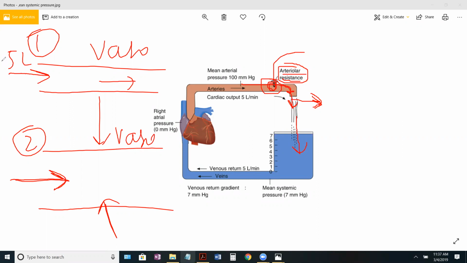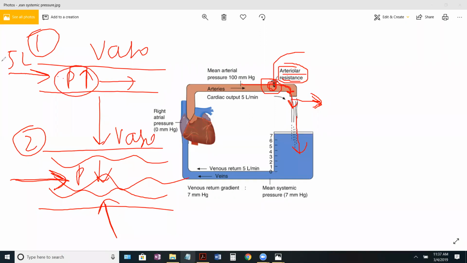I'm just trying to explain that you can assume the pressure in this system would be high and the pressure in this system would be low. Why? Because the fluid is very easy going, so it doesn't generate pressure in the system. That's why the pressure of a system can tell you about the diameter of that system, and can give information about its resistance.